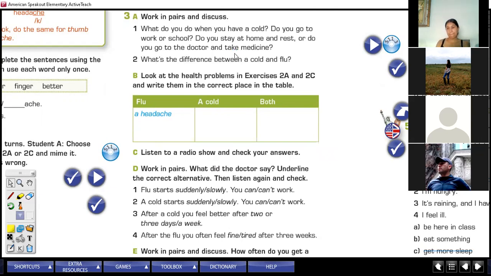Unit 11. Recording S11.2. And this week in Health Matters, we're talking about colds and flu. What's the difference? And more importantly, what should you do when you have a cold or flu? With me in the studio is Dr. Elizabeth Harper. Hello. Dr. Harper, first, can you tell us, how is the flu different from a cold? Well, one big difference is how they start. Flu starts very suddenly.